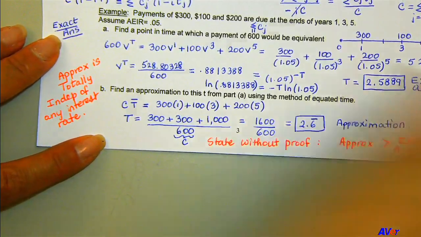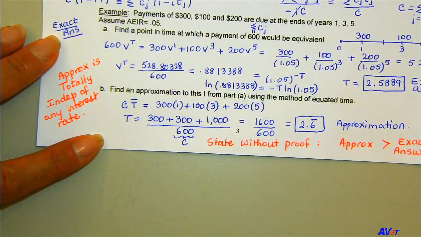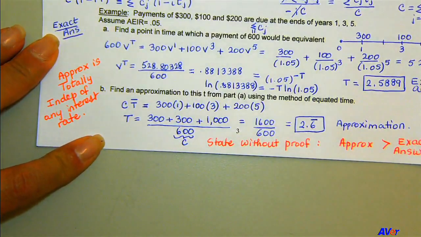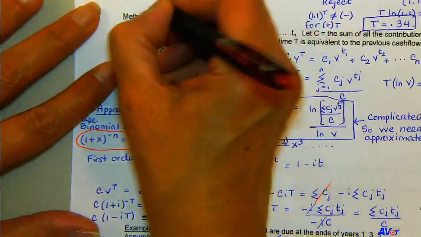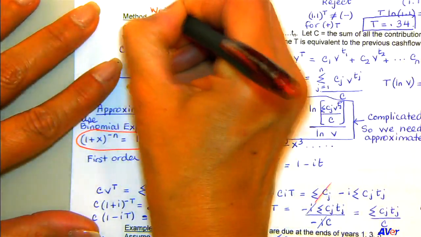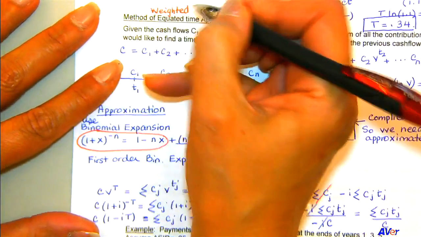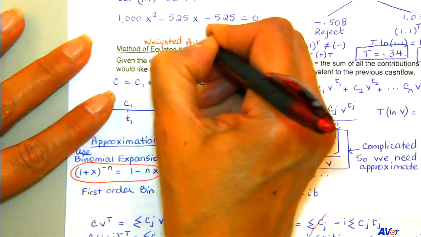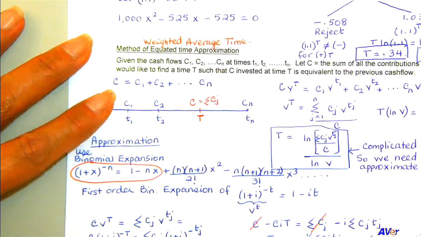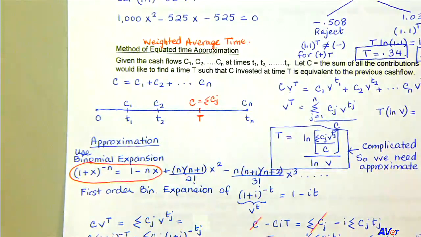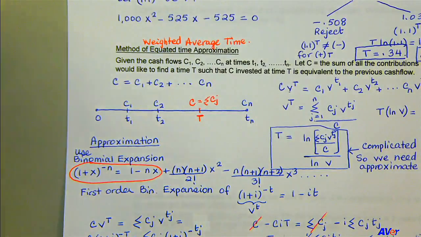And so this is called weighted average time. Method of equated time or weighted average time. Everybody good? I guess this is where we end.